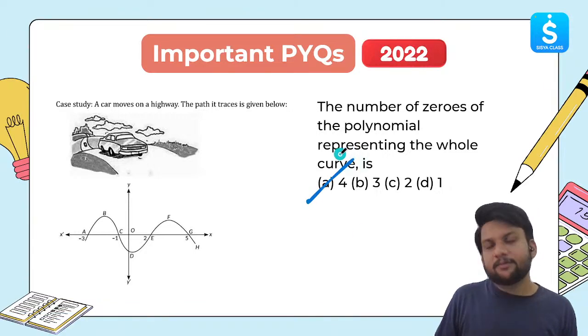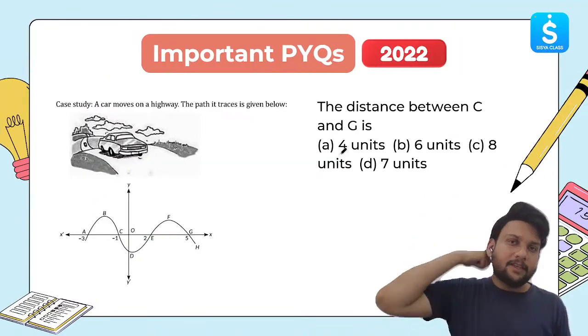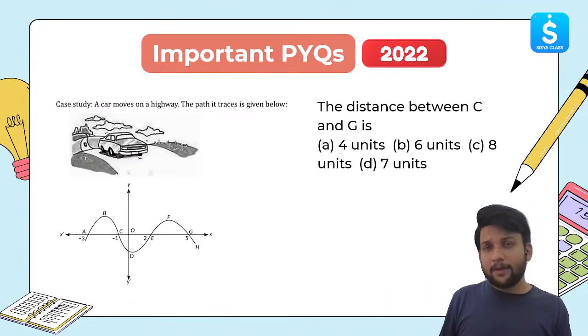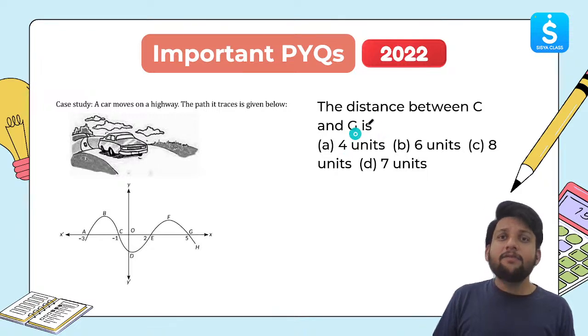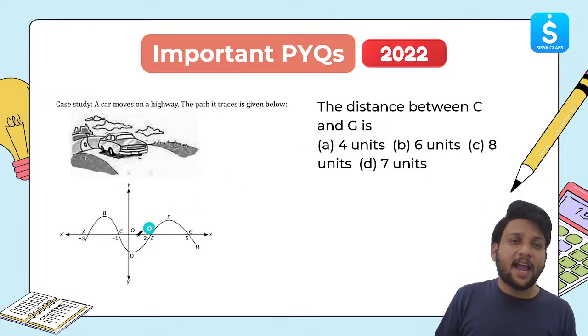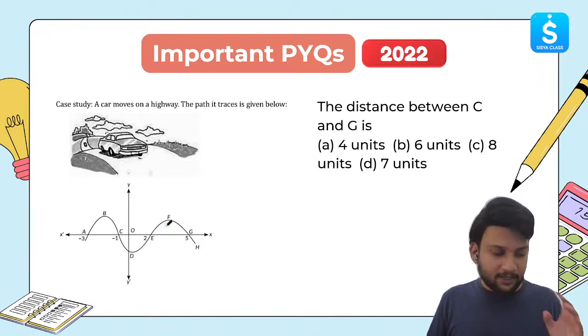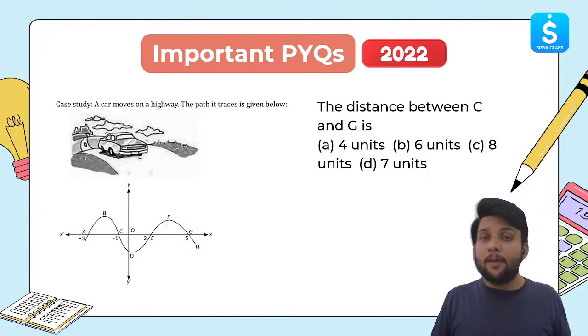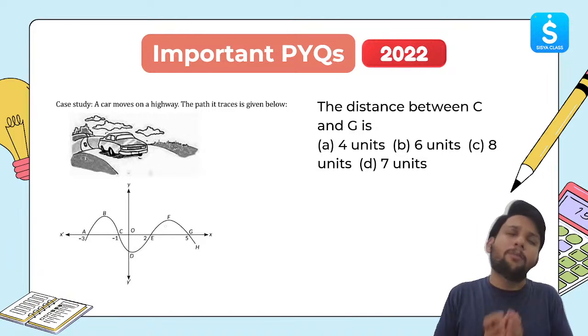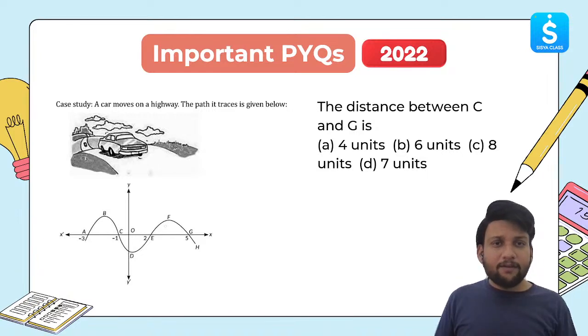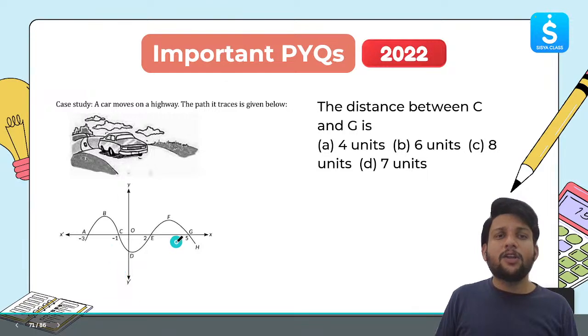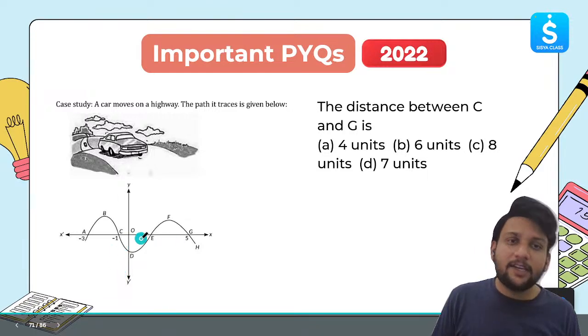Got it? Great. Next, one more question, perhaps the last question of the series. We have the distance between point C and G is what? Now, see, this is the concept of coordinate geometry, but that's why these types of questions are very important because it is the amalgamation of multiple concepts. So if you have to find the distance between point C and point G, I have C as -1 and G as 5.